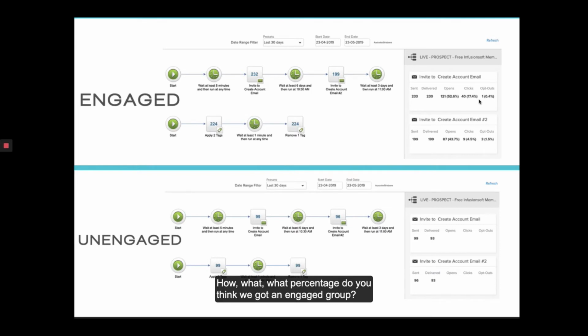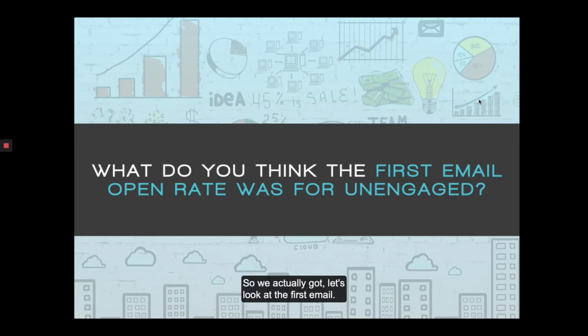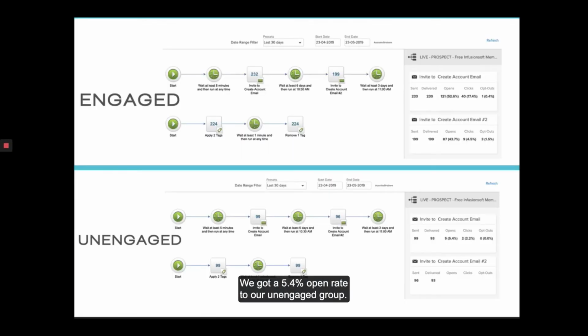What percentage do you think we got on the unengaged group? Obviously, we had a smaller list, and you could argue this is not statistically valid because there's not a huge volume of contacts going in here, but let's pretend that it is, just for the purpose of this example, because these are still real results for this segment of the list. On the first email, we got a 5.4% open rate for our unengaged group.